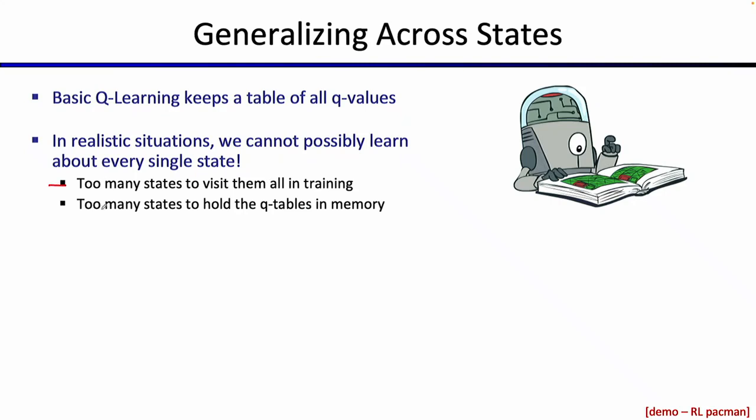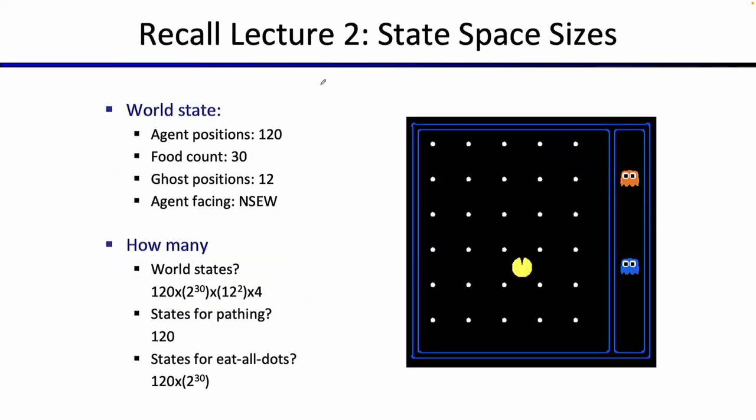So that's issue one. The second issue is that this table, if we wanted to have this array, would be too large to hold in memory. If you remember, recalling back to lecture 2, when we were discussing state space sizes for even Pacman, well, if we just wanted to know where the Pacman is, the number of states might be somewhat manageable in the hundreds.